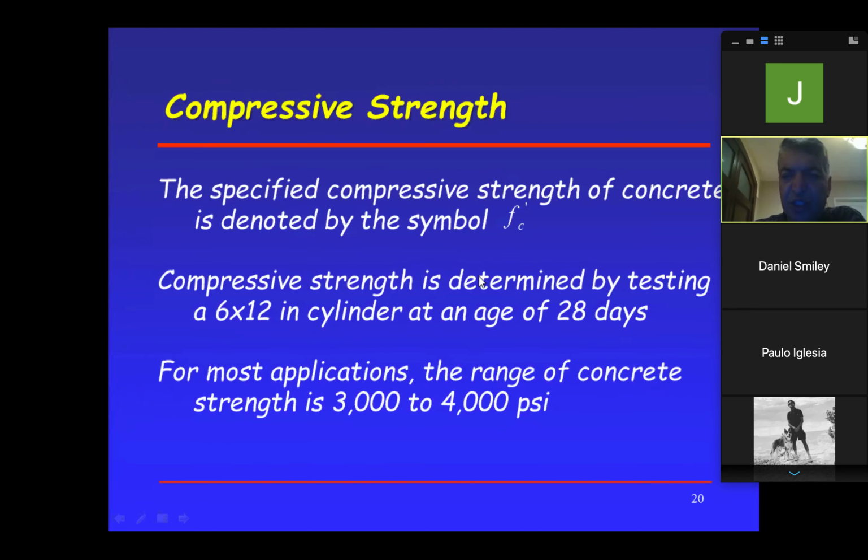Compressive strength is determined by testing a 6 by 12 inch cylinder at an age of 28 days. See that? In Europe, they do not use cylinders. They use cubes. In some countries, they pour cubes and they break the cube. But in this country, the cylinder is what is used. For most applications, the range of concrete is 3,000 to 4,000.